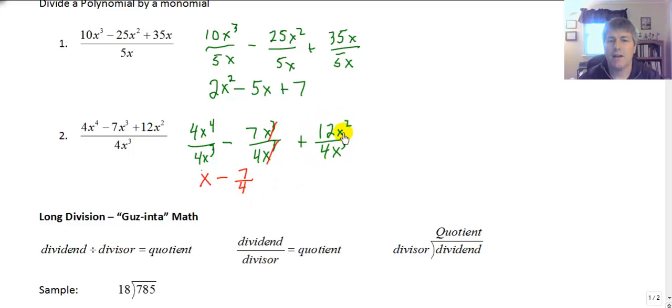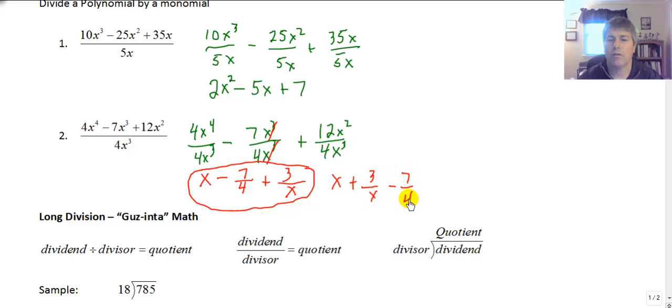And in our final term, 12 over 4, that's 3 in the numerator, and then x squared over x cubed leaves me with one factor of x in the denominator. So not quite as pretty, but it does get the job done. So our final answer is x minus 7 over 4 plus 3 over x. We could probably rewrite that x plus 3 over x minus 7/4 as well. Either way will be acceptable.